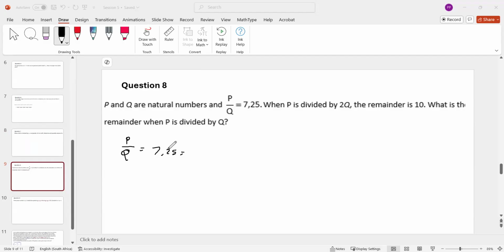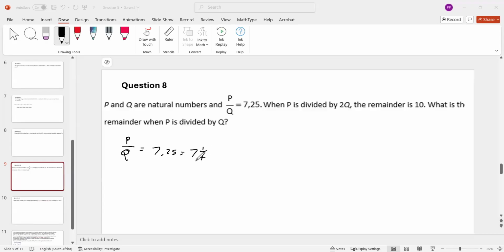Now, 0.25, as you saw earlier on, is a quarter. So this is 7 and a quarter. If you write 7 and a quarter as a decimal, you will get this, because 1 over 4 is 0.25.